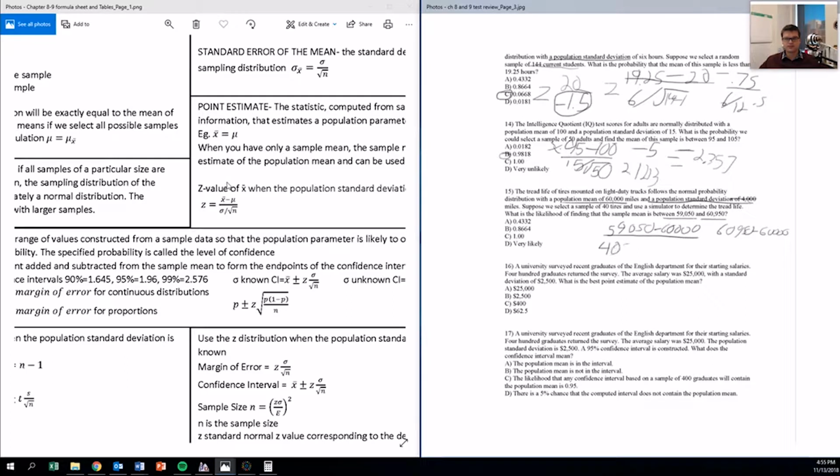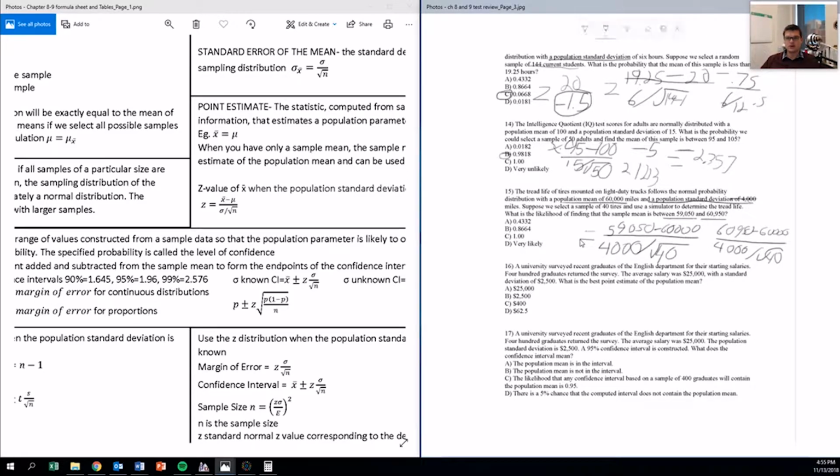And then once again, which if you work all of this out, it's going to give you z-scores of negative 1.5, and the other one is going to be positive 1.5.